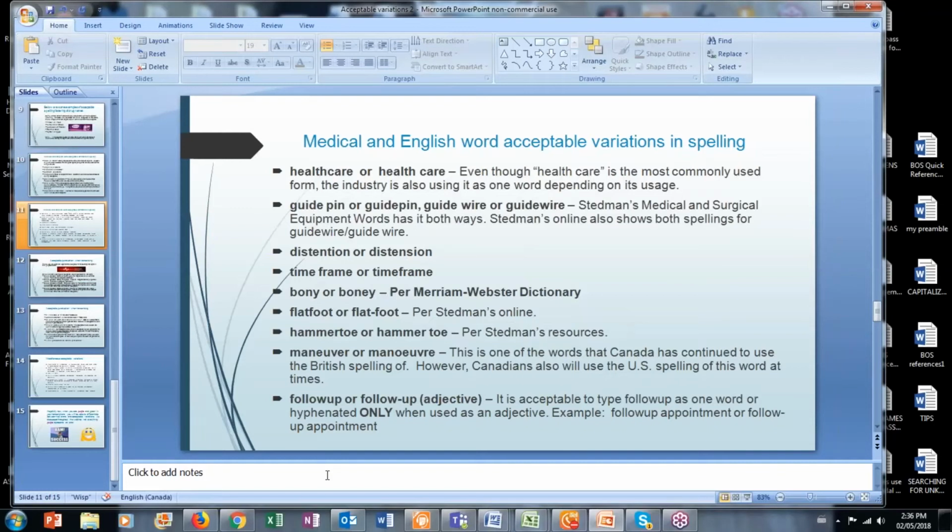If it's going to be used as a verb, she will follow up next week, then it has to be two words. Workup and work up is the exact same. Whoever just put that in there, which was Sandra Douglas. Workup is the exact same as follow-up. If it's a noun, one word; verb, two words; adjective, it can be one word or hyphenated. Any of the ups follow the same rule as follow-up.